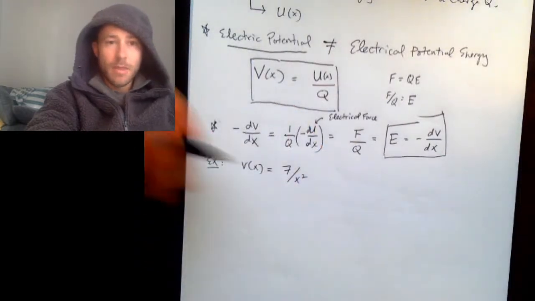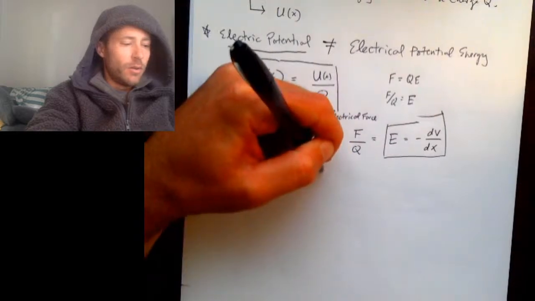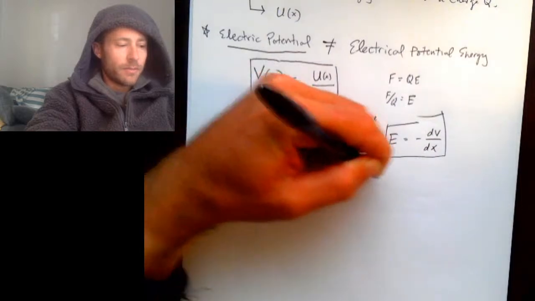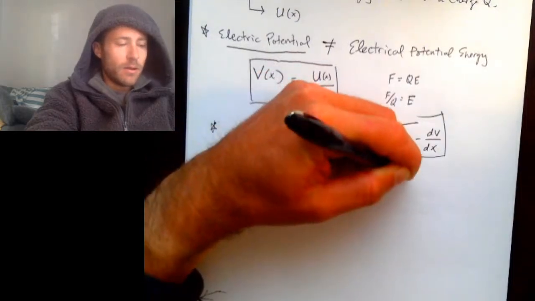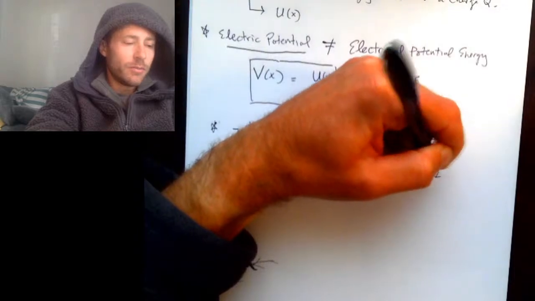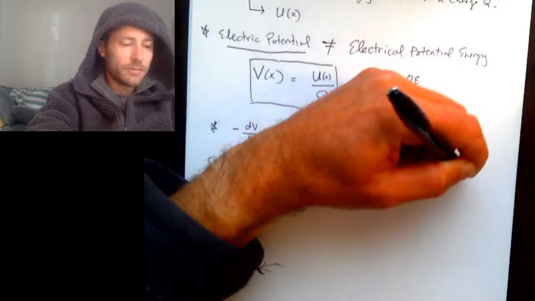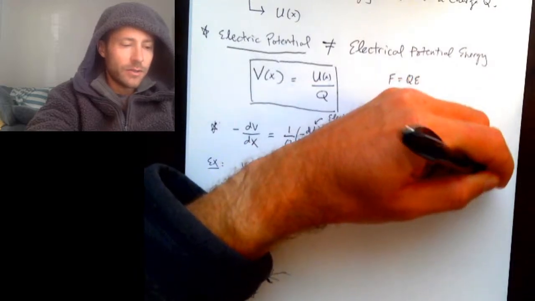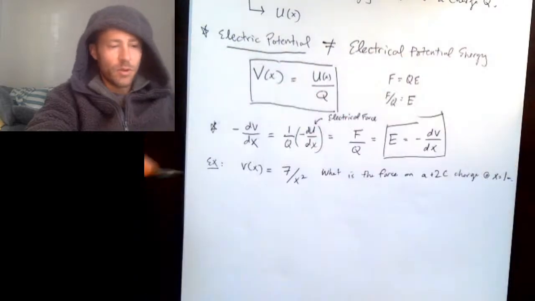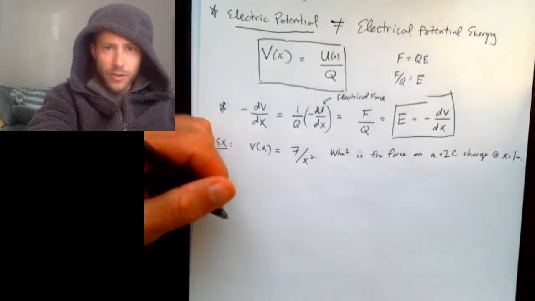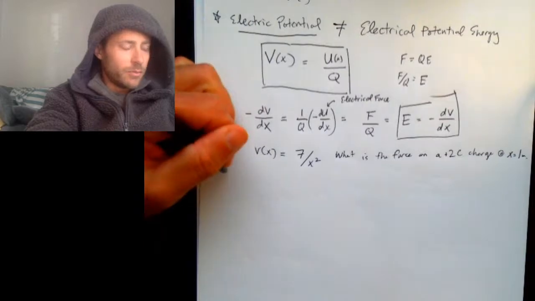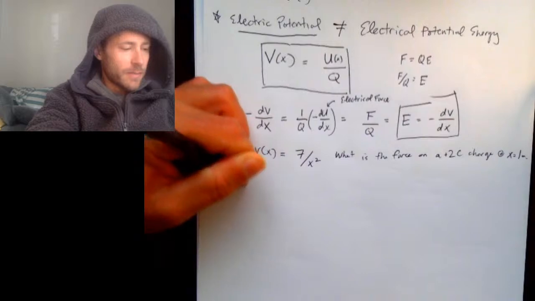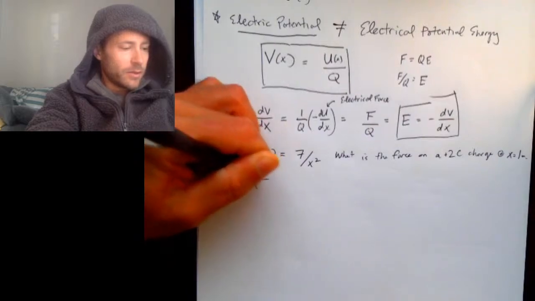And I wanted to know what is the force on a plus 2 coulomb charge at x equals 1 meter. It's located at that position. So the first thing I would do is minus the derivative of this. So minus d dx of 7 over x squared.